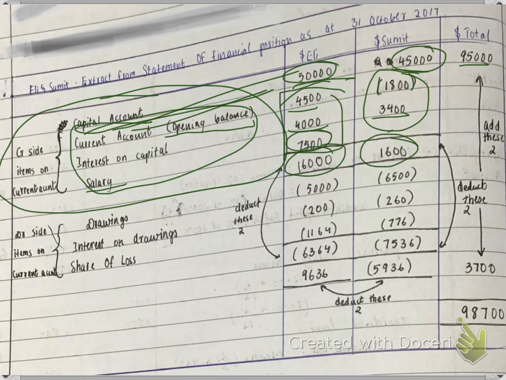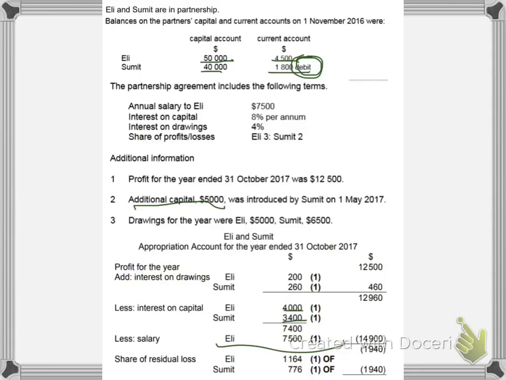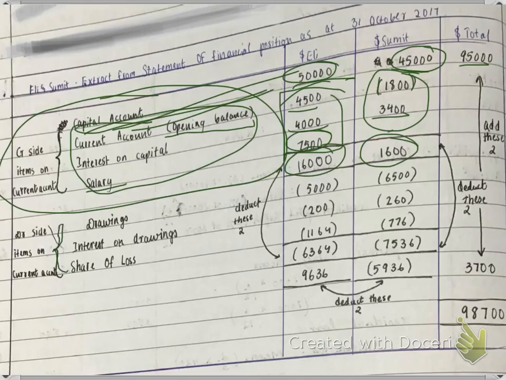After that, we need to record the debit side items of a current account. Those include drawings, interest on drawings, and share of loss. First, drawings. Where is the drawings? Yeah, drawings is Eli 5,000 and Sumit 6,500. So we record that here. Now since we're recording the debit side items, again we put all these values in brackets, which means all these values become negative.